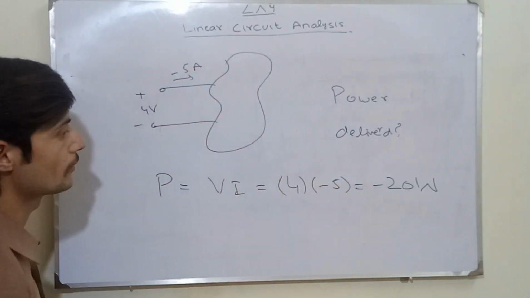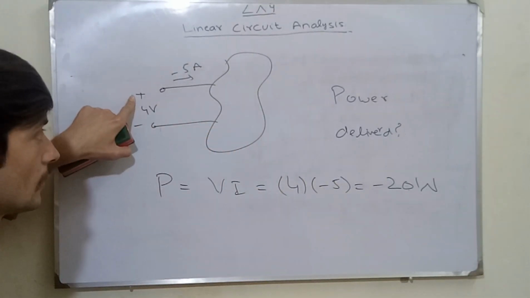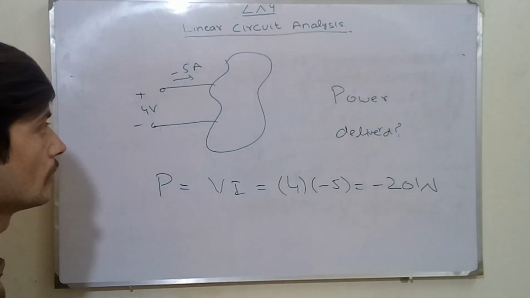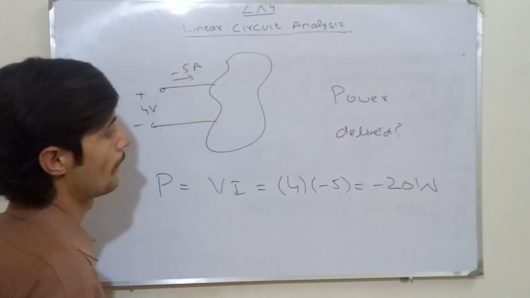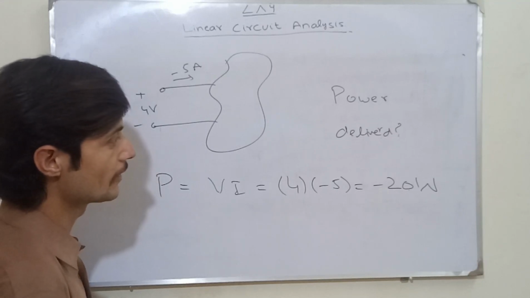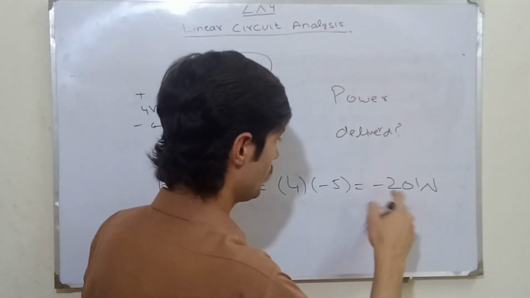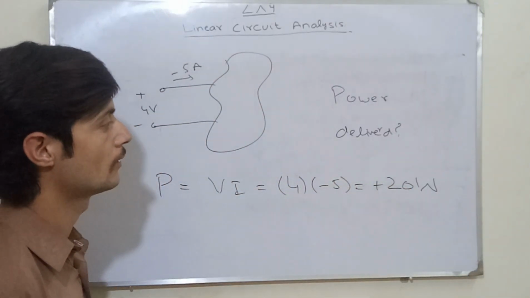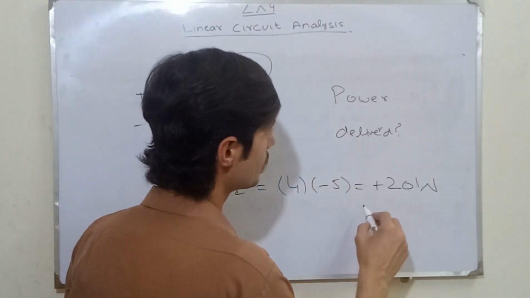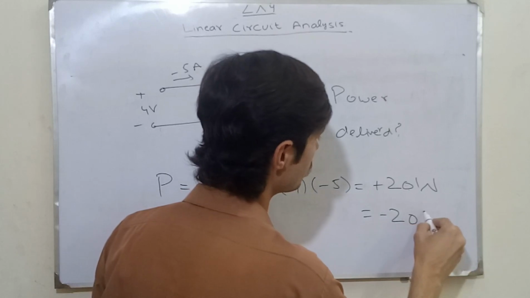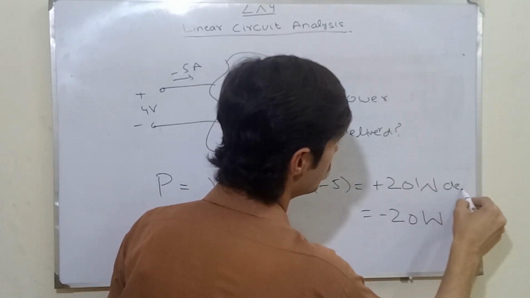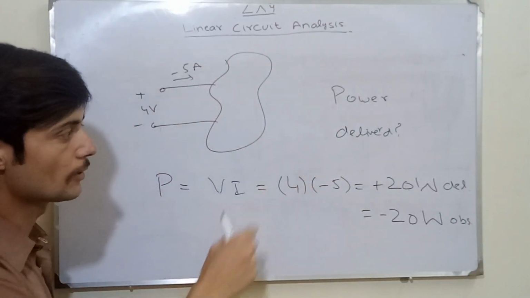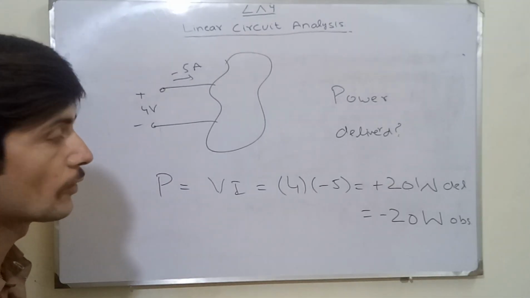Let's check the direction of current. The current is entering the positive terminal of the element. So the power absorbed will be positive and power delivered will be negative. Our answer will change sign. That power delivered will be positive 20 watt, and power absorbed will be -20 watt, because actually the element is absorbing power and we have to find the power delivered.